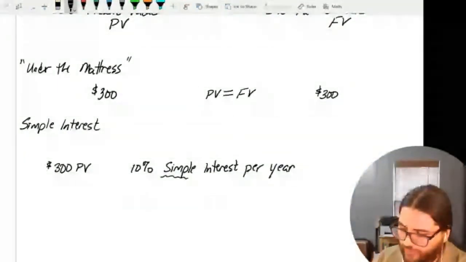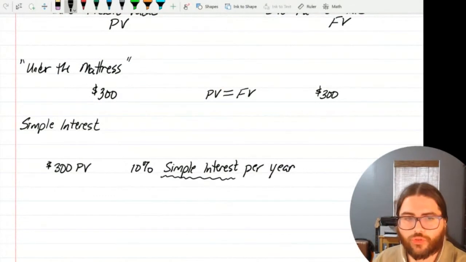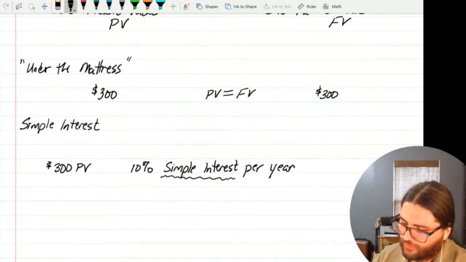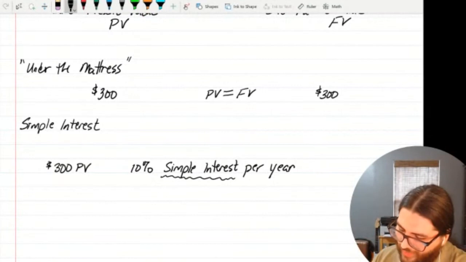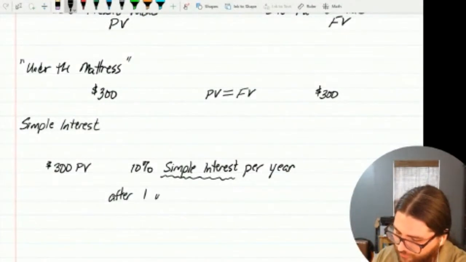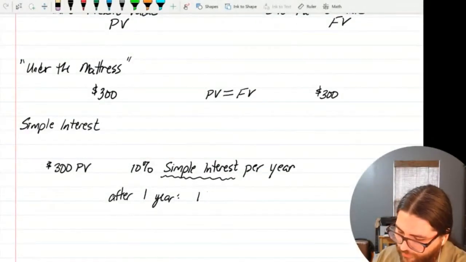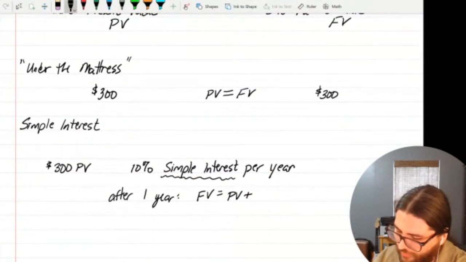But the simple interest part of it tells me how it grows over time. And so I could look at this and say, after 1 year, the future value is equal to the present value plus 10% of that present value.